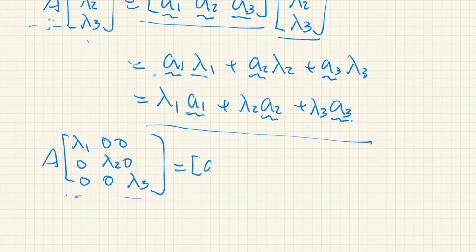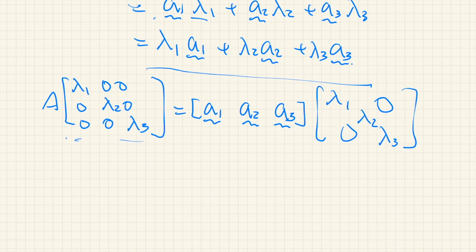So this is A1, A2, A3, and the diagonal matrix. And this becomes, let's see, so this is just A1 times lambda 1. Let's put the scalar first: lambda 1 A1. And the second column is lambda 2 A2, and lambda 3 A3.